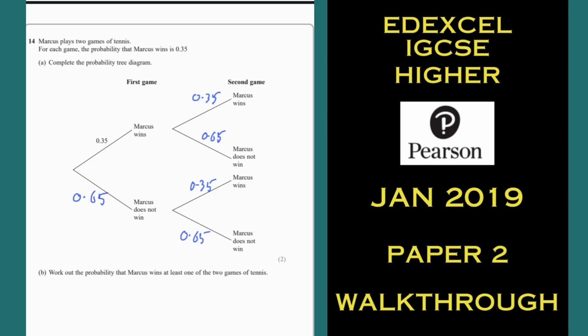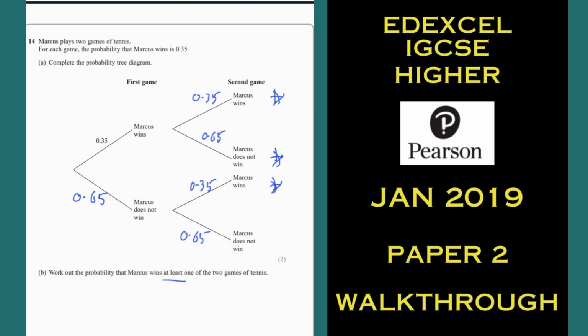Work out the probability that Marcus wins at least one of the two. So top is win-win. Next one is win-lose. That's at least one win. Bottom, so down then up, is also at least one win.